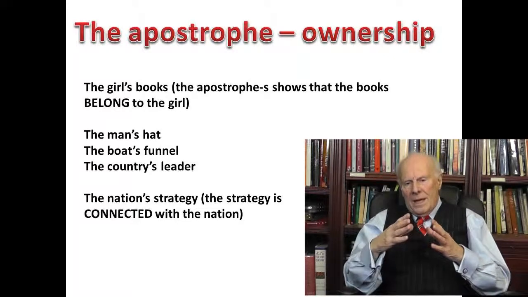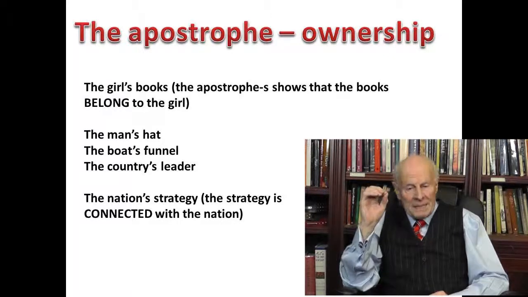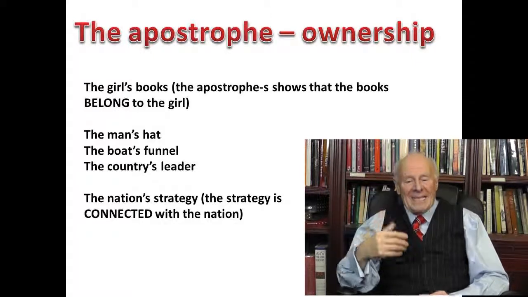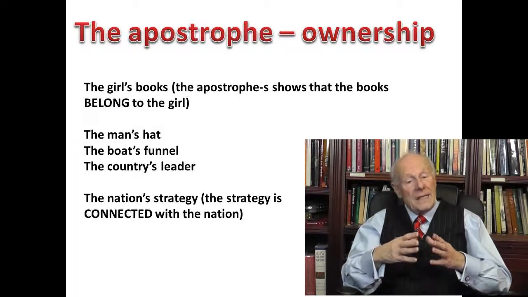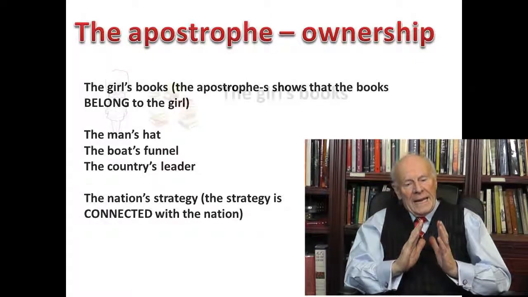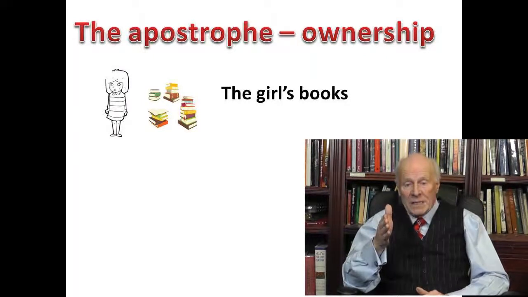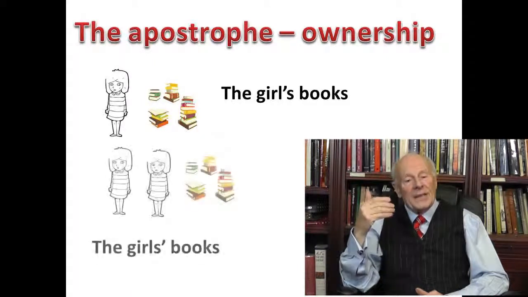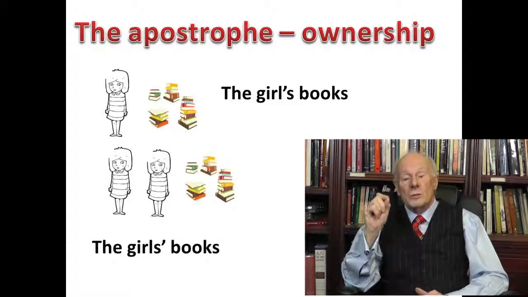Easy, isn't it? Well, there's unfortunately an extra complication. Sometimes we put the apostrophe after the letter S, and we do that to show that more than one person or thing does the owning. So if the girl's books, apostrophe before the S, means that the books belong to one girl, then the girls' books, apostrophe after the S, means that the books belong to a group of girls.